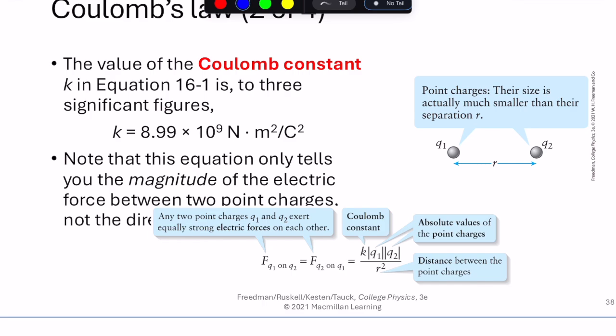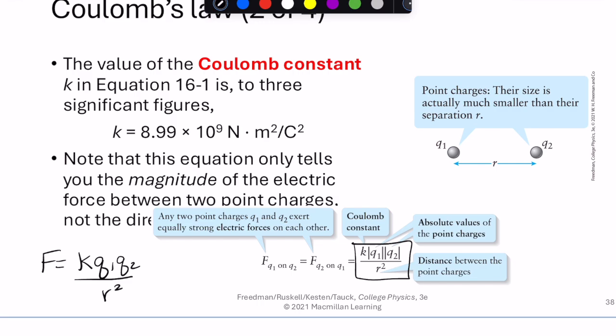Okay, so here is Coulomb's law right here. Let me write it a little bit cleaner: F equals K times the magnitude of Q1 times the magnitude of Q2, over r squared, where Q1 and Q2 are the two charges, the value of their charge. R is the distance between them, and so we need to use SI units: coulombs for the charges and meters for the distance.